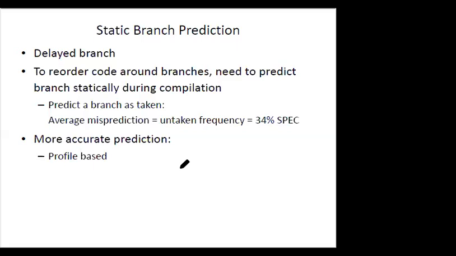So every time it will be assumed that the branch is taken, whether or not the decision making involves the branch not being taken. So it is being statically done by the compiler, and it does not involve the real-time behavior of the program.